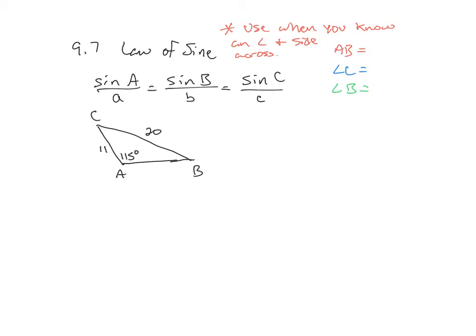So really we're going to be able to write a proportion. We're going to say sine of 115 degrees over 20. And then really the only other thing I know is the 11, which is the side across from angle B. So that's what we're going to be figuring out. And if you wanted to write X right there instead of angle B, that's totally fine.